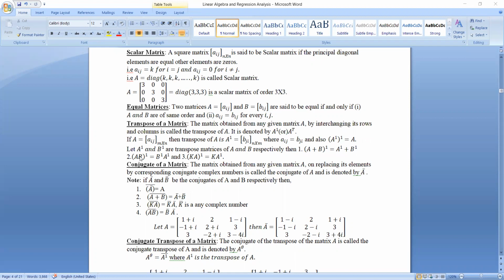AB whole transpose equal to B transpose into A transpose. And in the same way, where K is a scalar, KA whole transpose equal to K into A transpose. These are the basic things about a matrix.